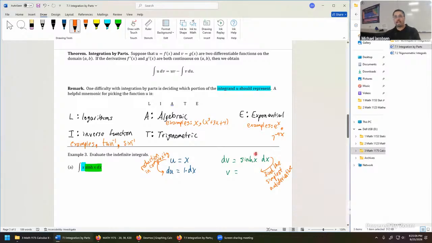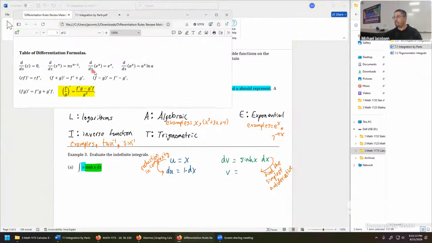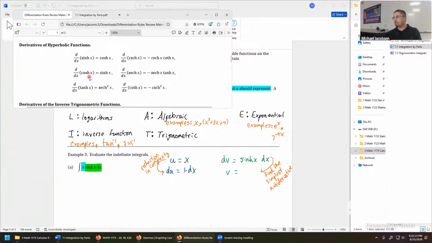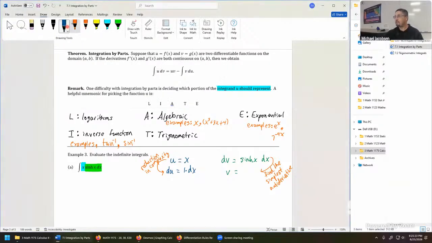So what's the antiderivative of sinh x? Well, through our handy formula as a review, if you differentiate hyperbolic cosine, you do get sinh x. So going backwards is finding the antiderivative, and that tells us v is hyperbolic cosine, or you can just say cosh x.